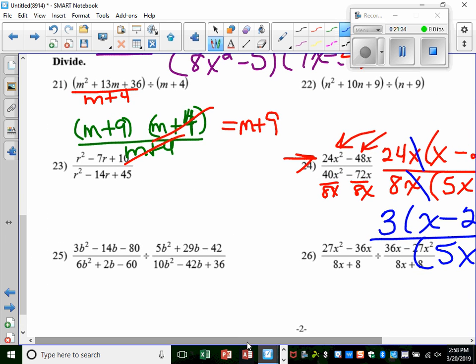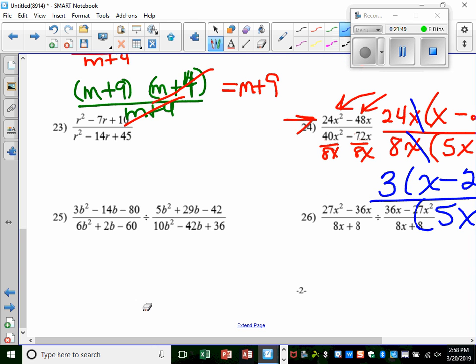Okay. Let's tackle number 25. Oh man, that's a good question right there. It's a lot of factoring going on. Okay, let's see. We've been factoring, so let's see how we do.